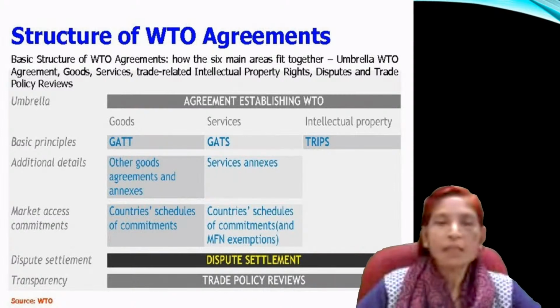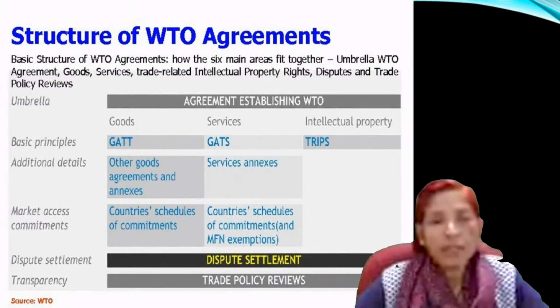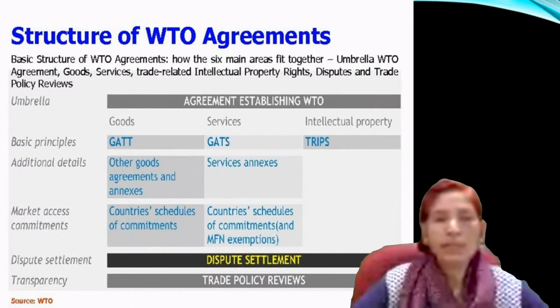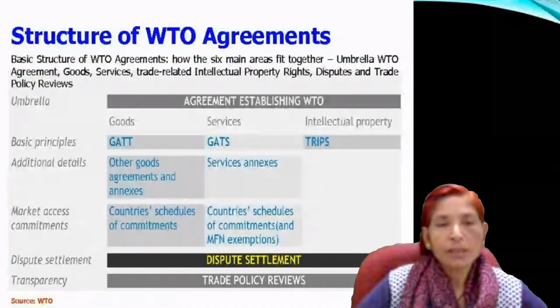Services, under this GATS, General Agreement on Trade in Services. And intellectual property, this agreement is known as TRIPS, Trade Related Intellectual Property Rights. Additional detail is other goods agreements like the agreement on clothing, agreement on agricultural products, agreement on investment.